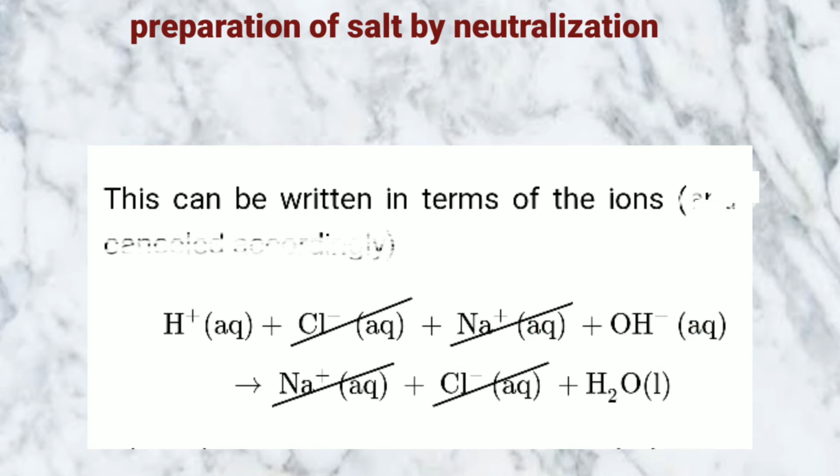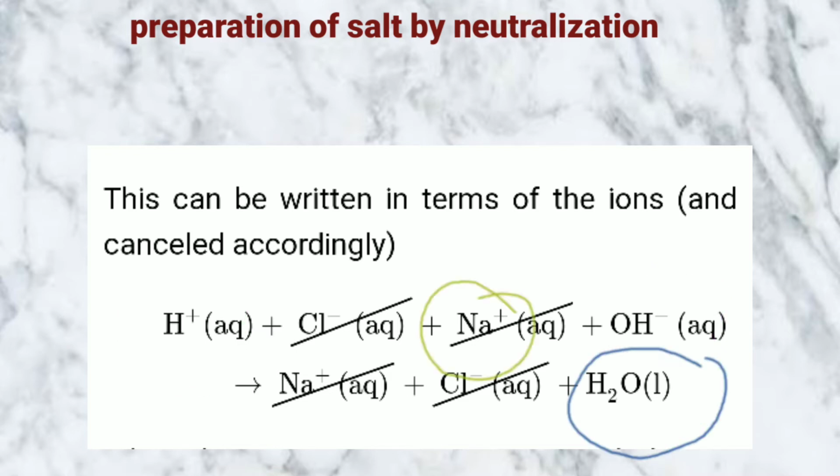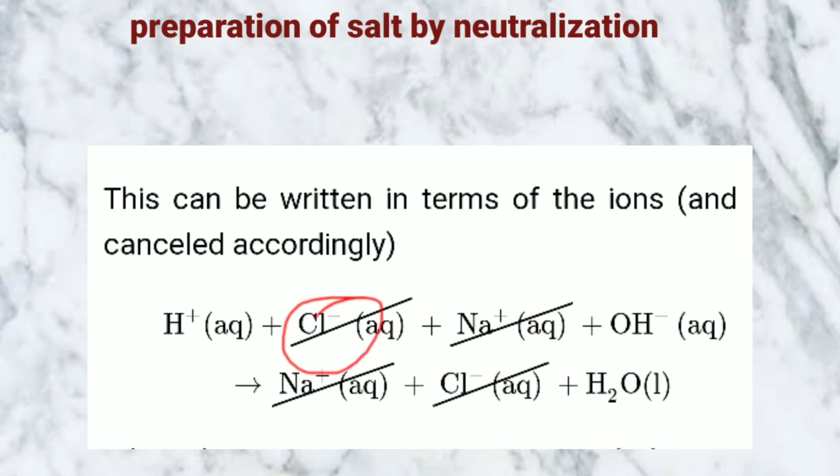Got it? And during neutralization, what will happen? Hydrogen ion of acid and hydroxyl ion of base combine together to form water molecule, and sodium ion of base combines with chloride ion of acid to form sodium chloride salt.